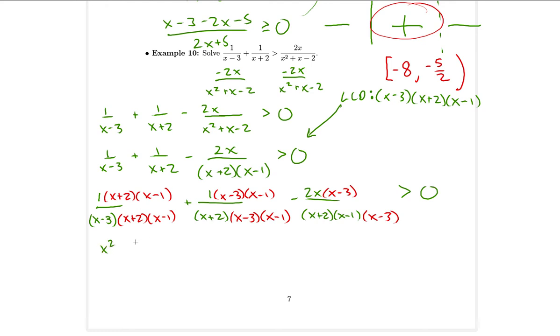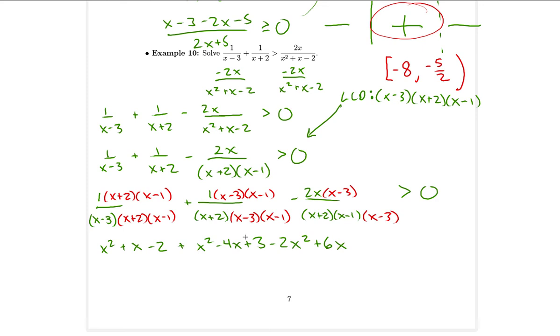So x squared plus 2x, plus x, not plus 2x, as I'm FOILing this out in my head, minus 2, plus x squared minus 4x plus 3, and then minus 2x squared plus 6x.